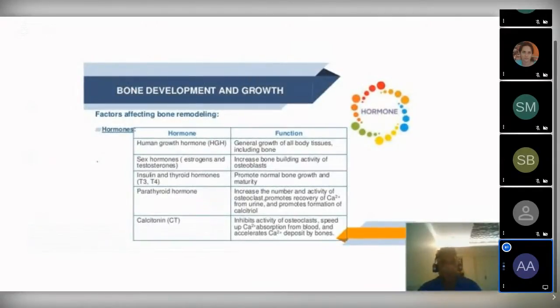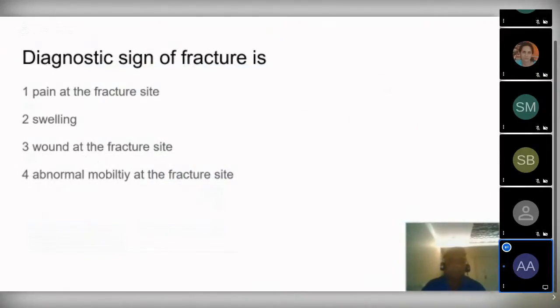Okay, this will not go here. Diagnostic sign of a fracture. This is very simple. If you are alert now in the class, I expect you to answer this. Diagnostic sign of a fracture. Very, very simple question. Quick.